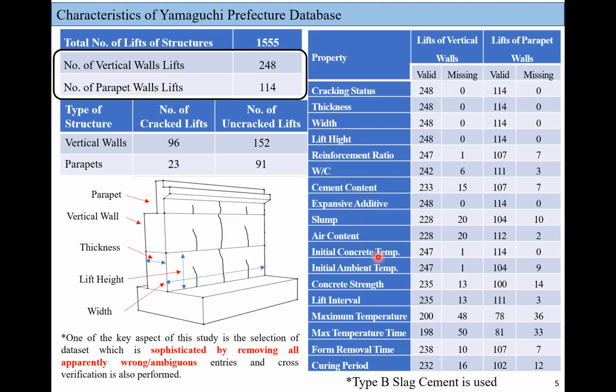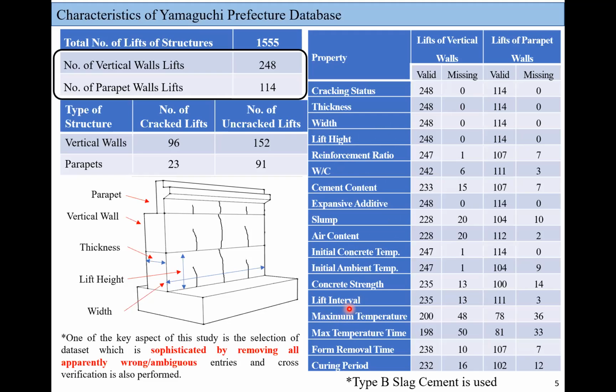So hydration heat or concrete material properties are affected by concrete temperature and also ambient temperature, you can imagine. Sorry, no need to understand all, but I just want you to feel how many influential factors are there.